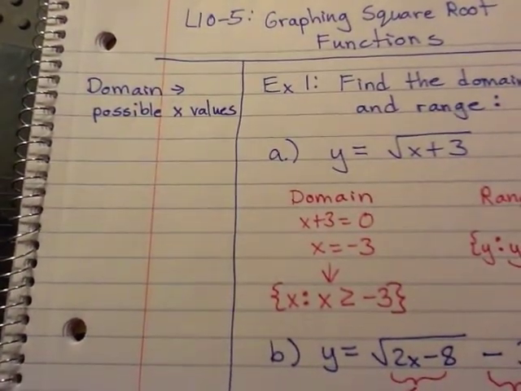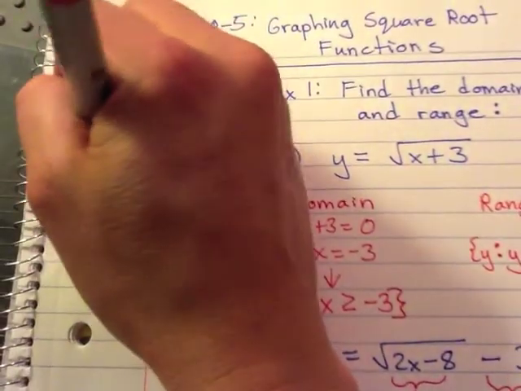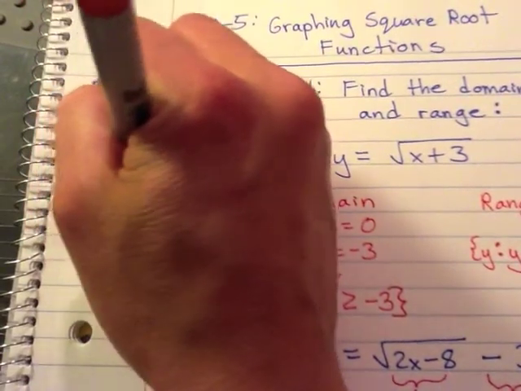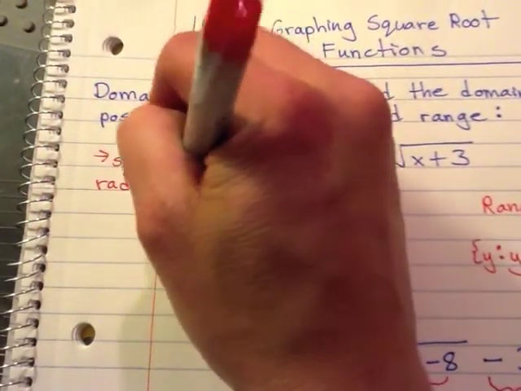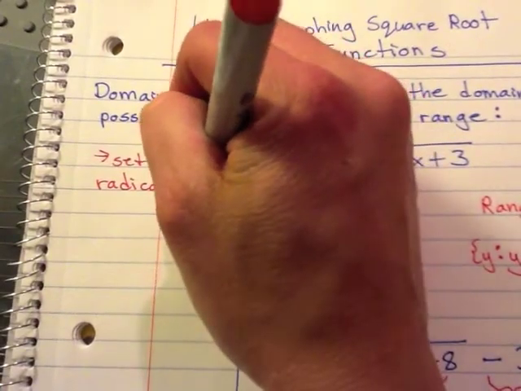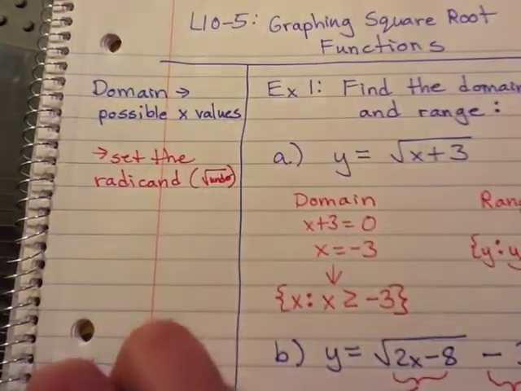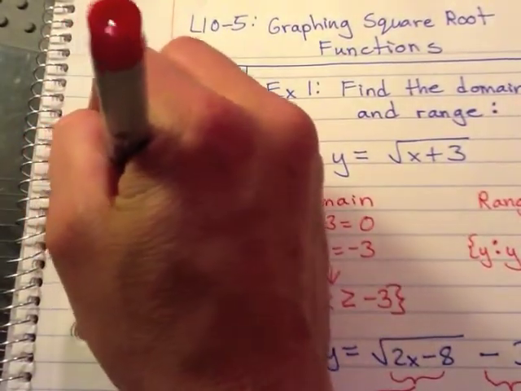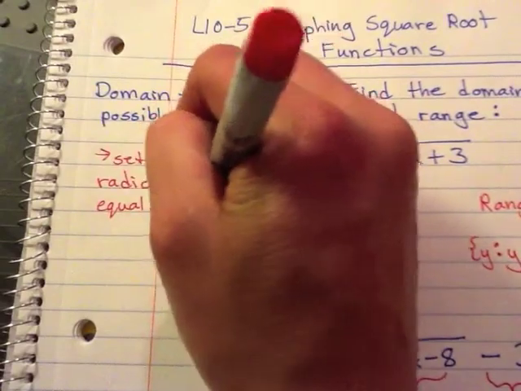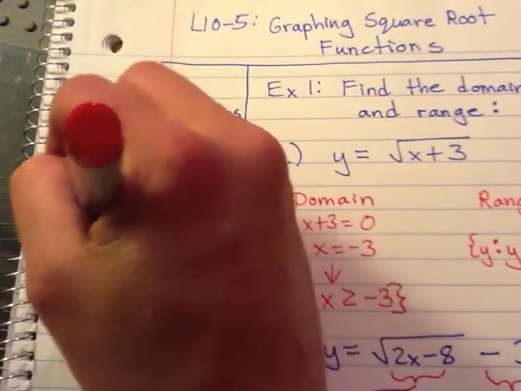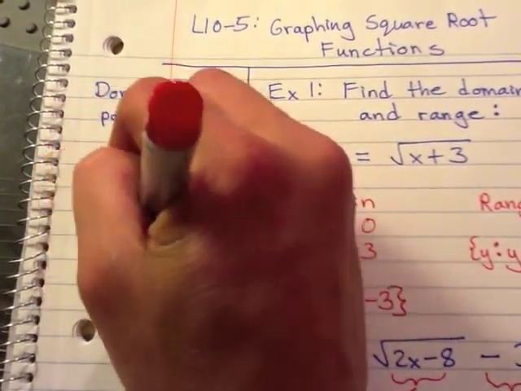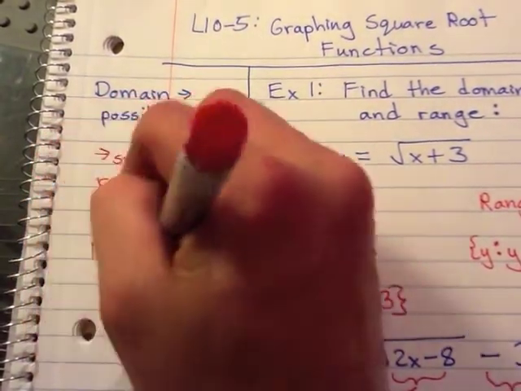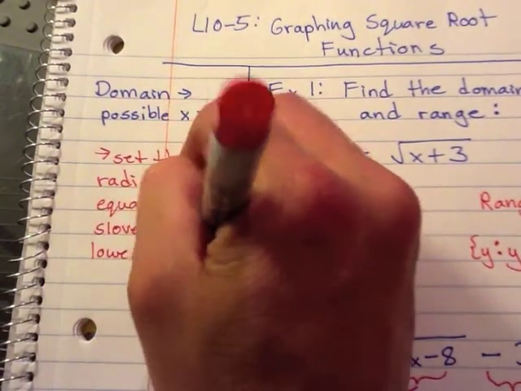And when you're looking for domain, you're going to set the radicand, which is the part under the square root, equal to 0, and solve for the lowest possible value of x.